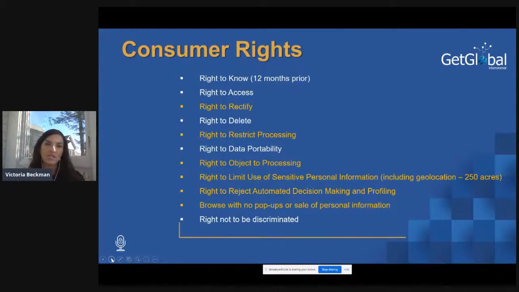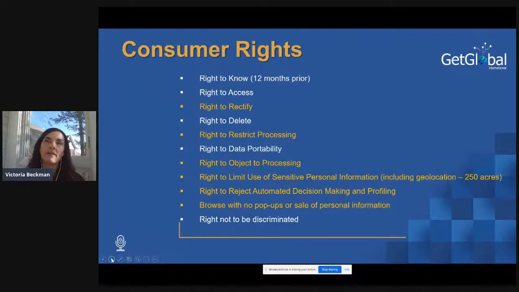There's the right to data portability. There's the right to object to the processing of information, which is new, which we have in GDPR as well. And the right to limit the use of that sensitive personal information that you collected. And this includes specific geolocation.